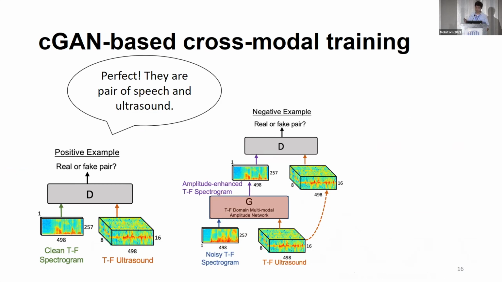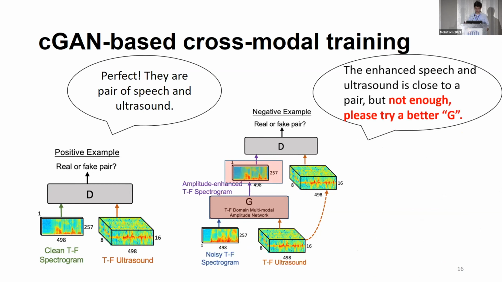Then we compare this enhanced spectrogram with the ultrasound, so the discriminator tries to discriminate these two. If the enhanced speech is not close enough to the ultrasound as a pair, the discriminator will say, this one is not enough, please try a better generator. So we do backpropagation training here to train the generator.